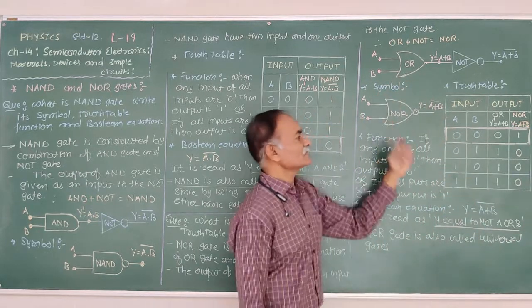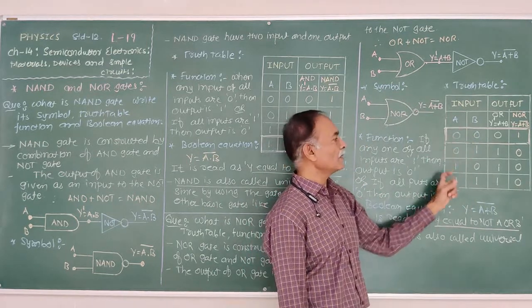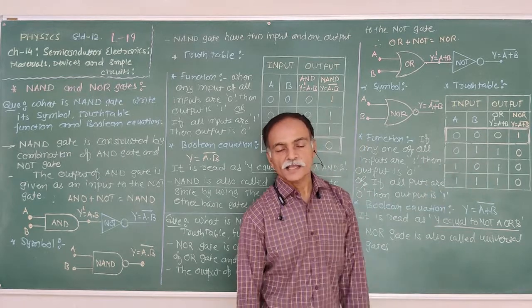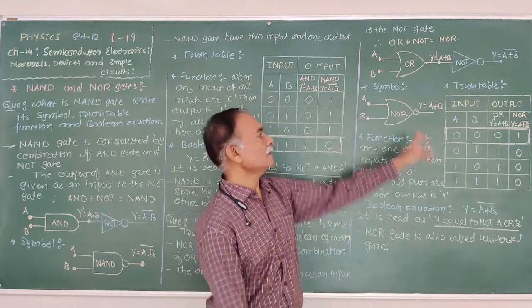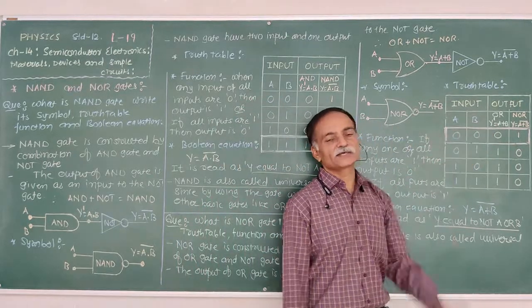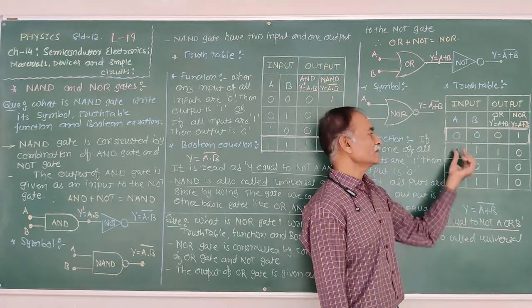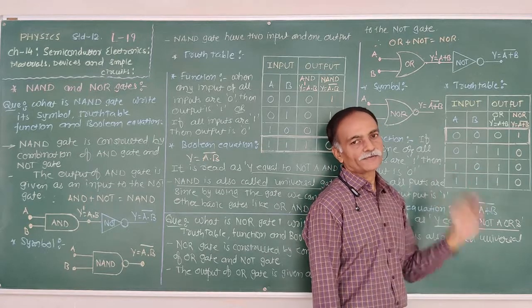With two inputs, there are four ways we can supply input: A 0 0 1 1, B 0 1 0 1. Characteristic of OR gate is that if all inputs are 0, output is 0, otherwise 1. Therefore 0 0 0, 0 1 1, 1 0 1, 1 1 1.